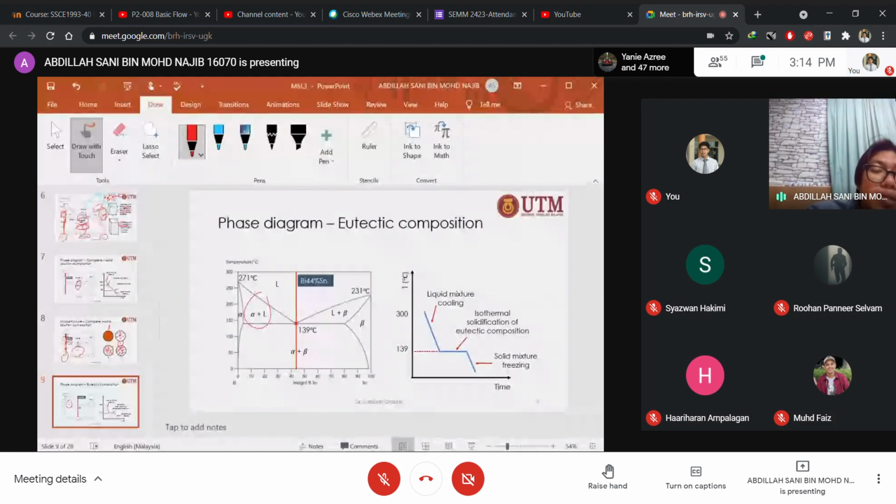But here the liquid, at the same temperature, just like pure metal, changes directly into solid. And for eutectic, we have the definition at the beginning that from liquid it changed into two kinds of solid at the same time. This is the eutectic point.